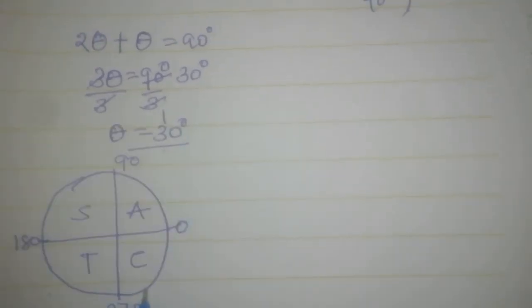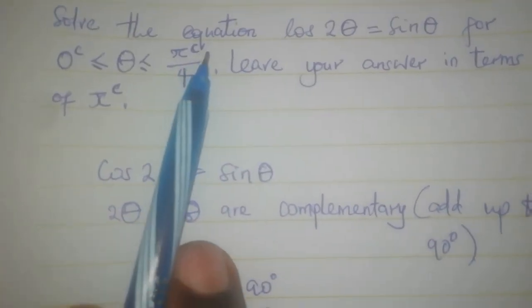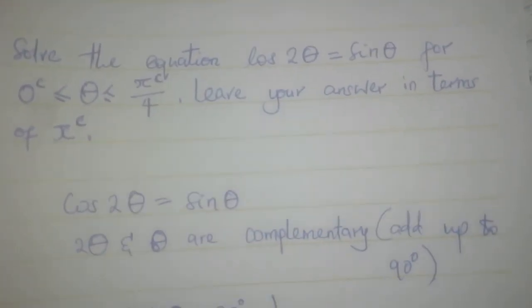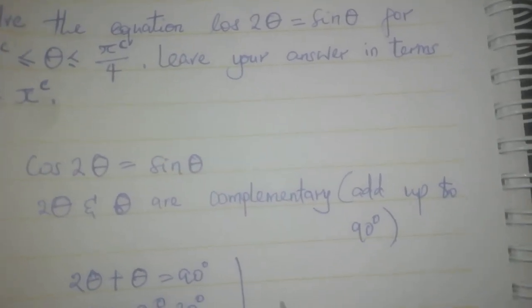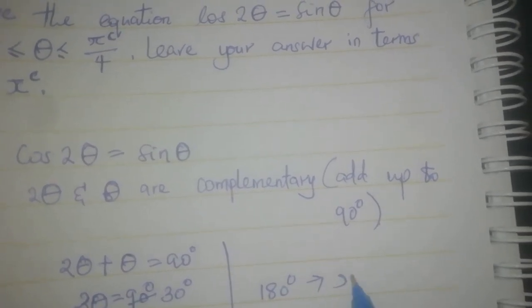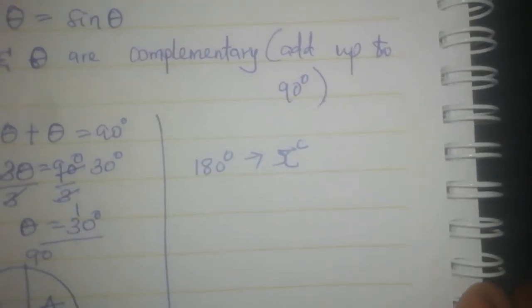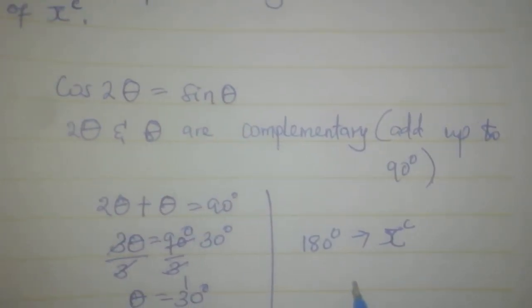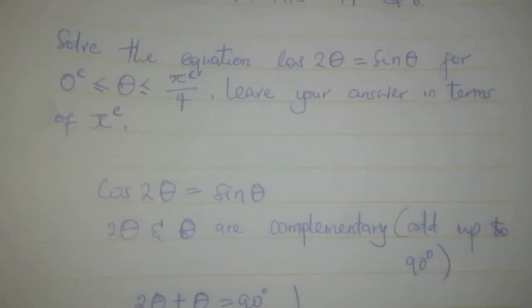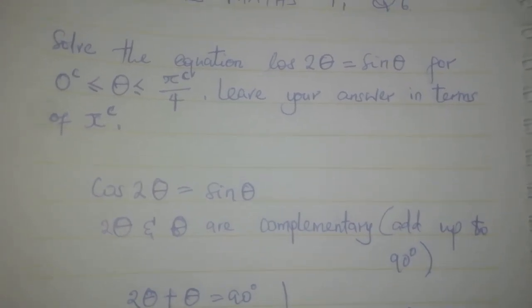If you check very well, here our range is given in π radians, so this should not give you any stress. For you to convert, you should remember that 180 degrees is the same as π radians. So we are given from 0, which has no problem, but the highest value should be π/4 radians.